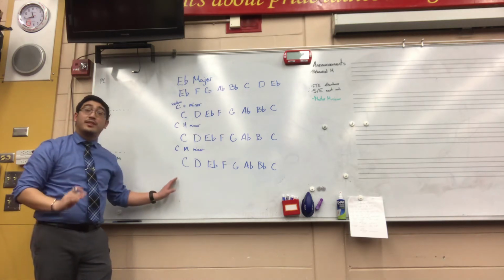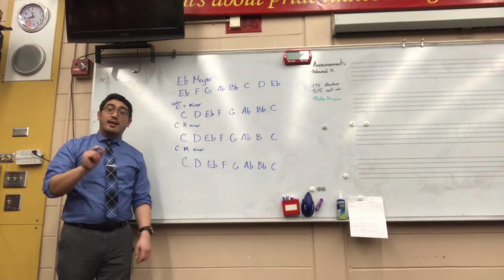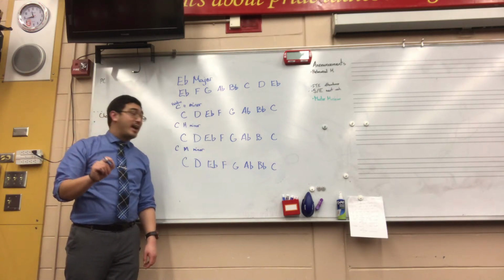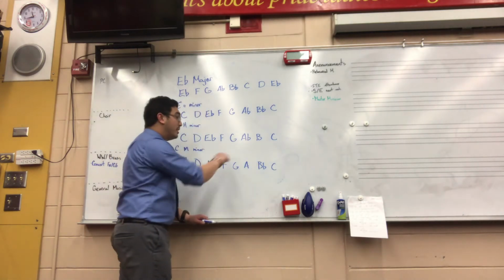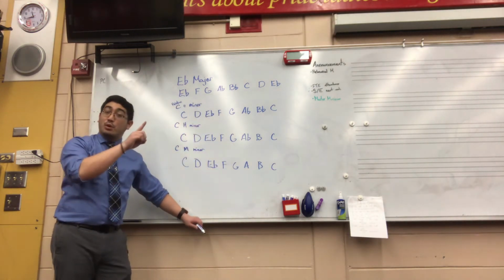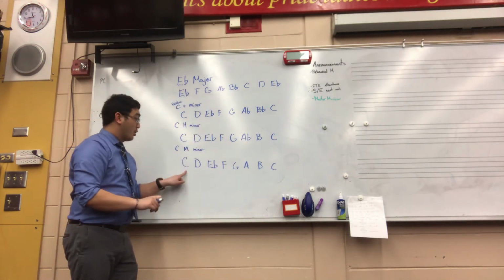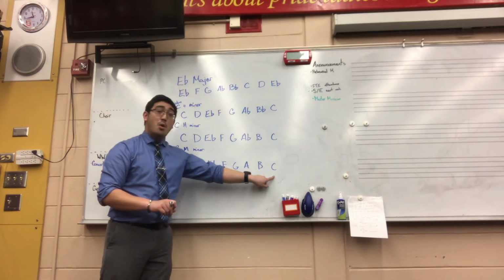So let's start with the ascending portion. From here, raise scale degrees 6 and 7 by a half step. A flat becomes A natural. B flat becomes B natural. On the way up, or ascending, do, re, mi, fa, sol, la, ti, do.